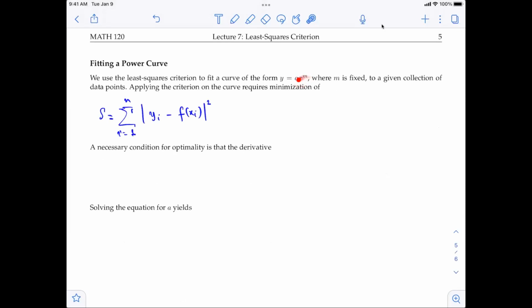Remember, the form of the function is a times x to the power m, for m any number. So you substitute f of x sub i by a times x sub i raised to the power m: the summation for i going from 1 to n of (y sub i minus a times x sub i raised to the power m) squared.